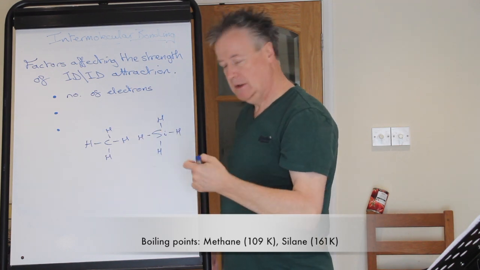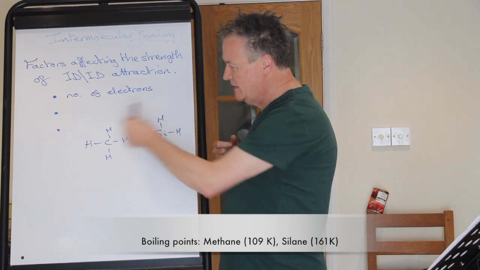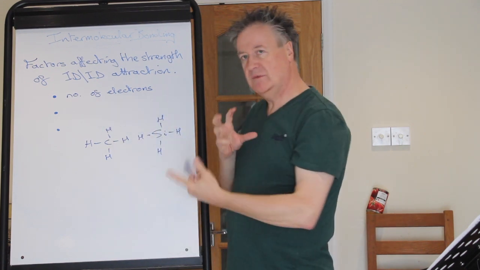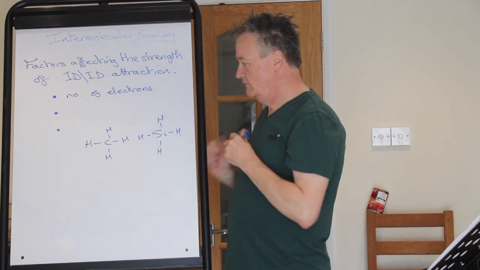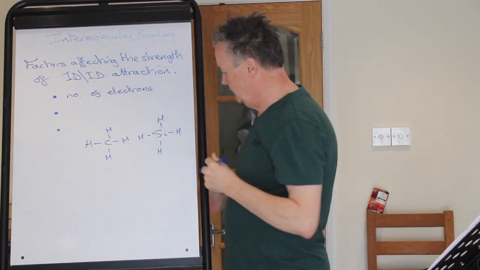Smaller molecule, less electrons, lower. No other factors really in there because you're looking at the same sort of molecular shape, same number of bonds and so on. So that's an example of number of electrons.